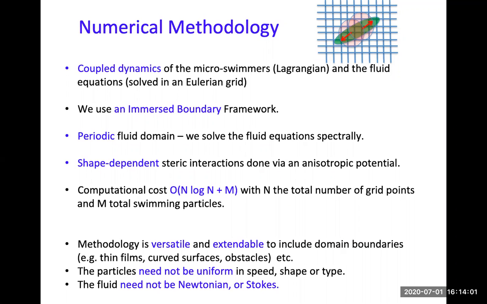One disadvantage that this has is that it does not resolve near field fluid flows. Because what the immersed boundary method does, as in this figure in the top right corner, is essentially smooth out these forces. It smooths out the effect of the Stokeslet.